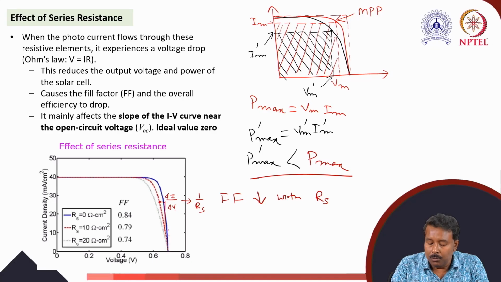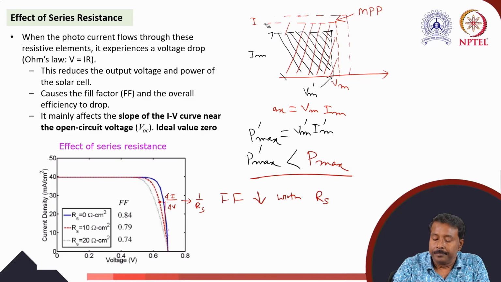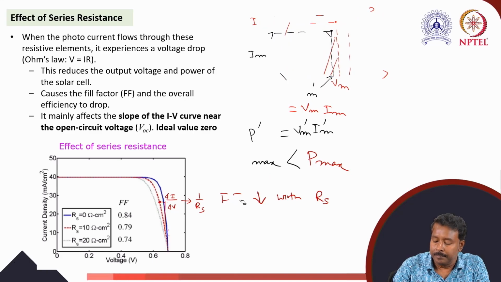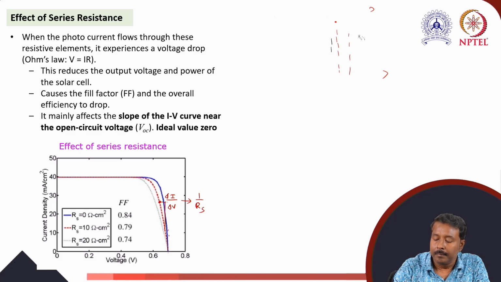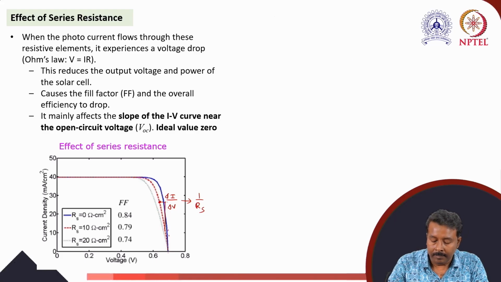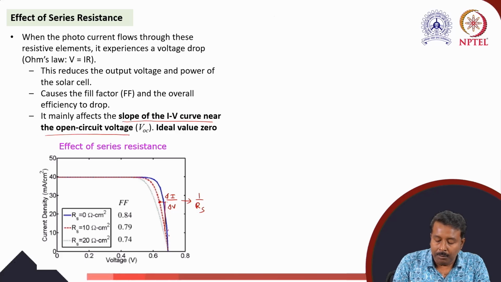So the inverse of the slope is series resistance in this case, which indicates that Rs affects the slope of the IV curve near the open circuit voltage.